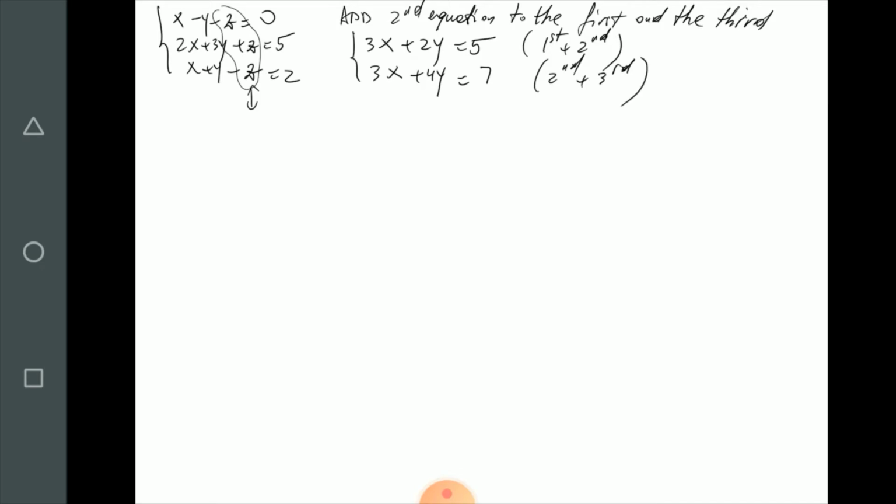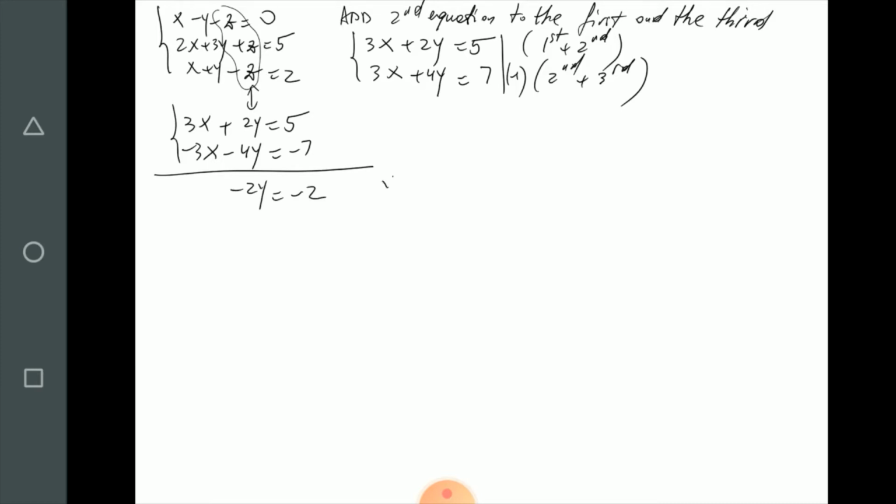How do we eliminate one more variable? Well, again, the easiest thing is to multiply one of them by minus 1, just to make the coefficients of x opposite to each other. So we get minus 3x minus 4y equals minus 7. Add the two: 5 minus 7 is minus 2. That gives me y equals 1.